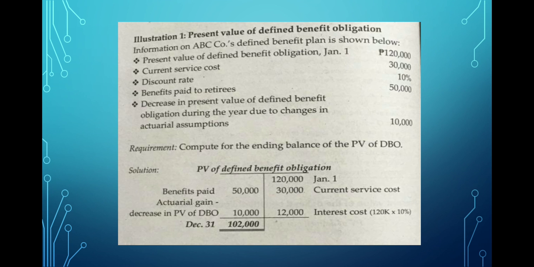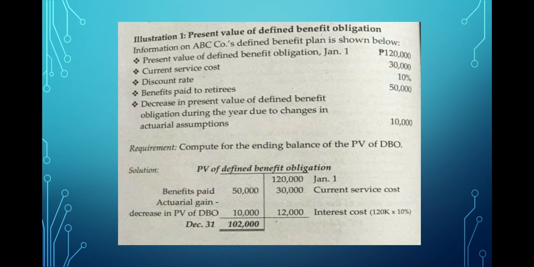The current service cost is 30,000 pesos. Discount rate 10%. Benefits paid to retirees 50,000. And the decrease in present value of defined benefit obligation during the year due to changes in actuarial assumptions is 10,000. The requirement here is to compute the ending balance of the PV of DBO.